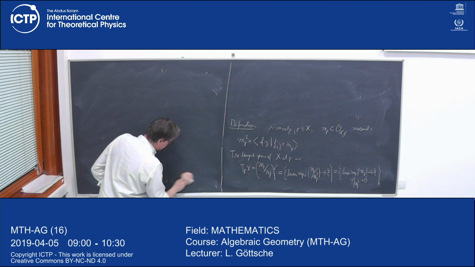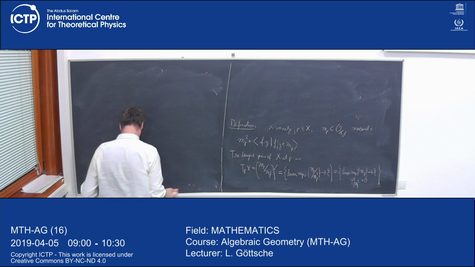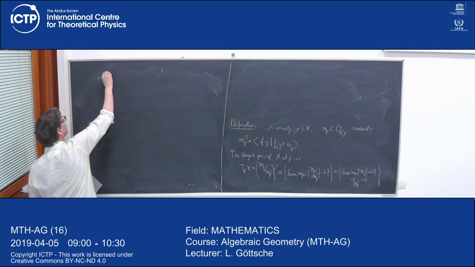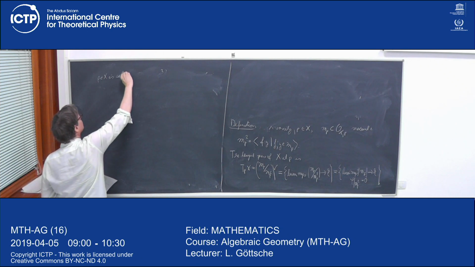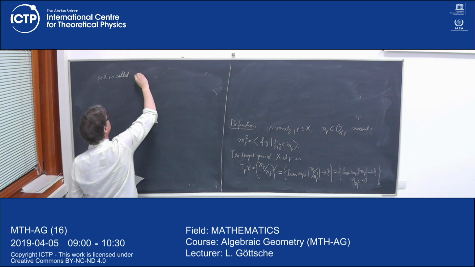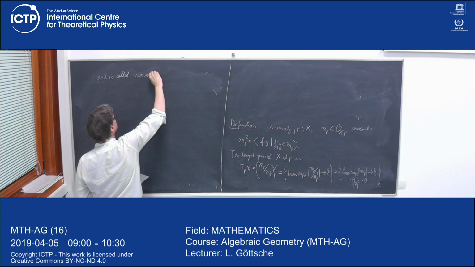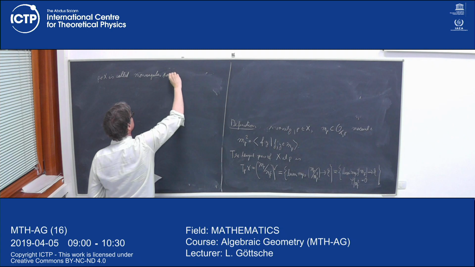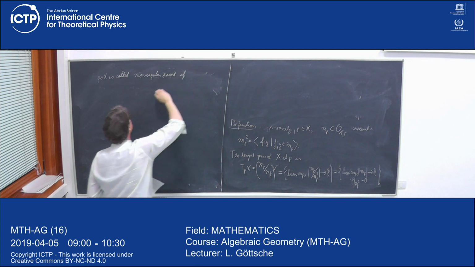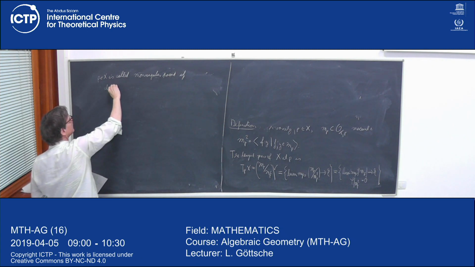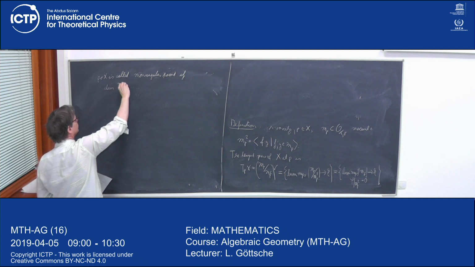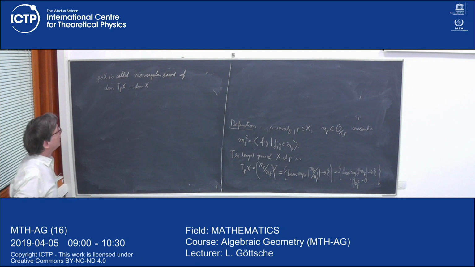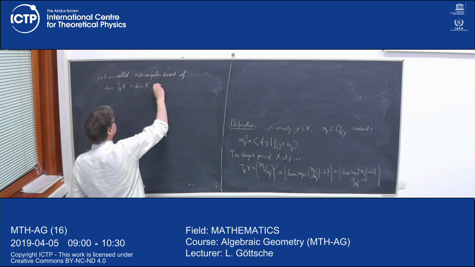So then I just say the usual thing. The point P in X is called a non-singular point if the dimension of the tangent space is equal to the dimension of X, and otherwise singular.